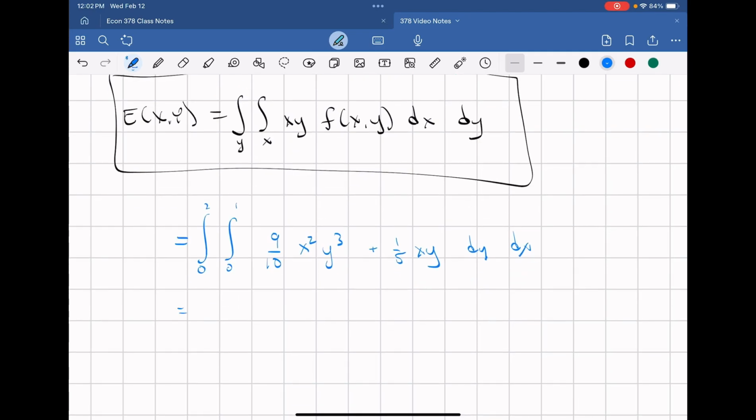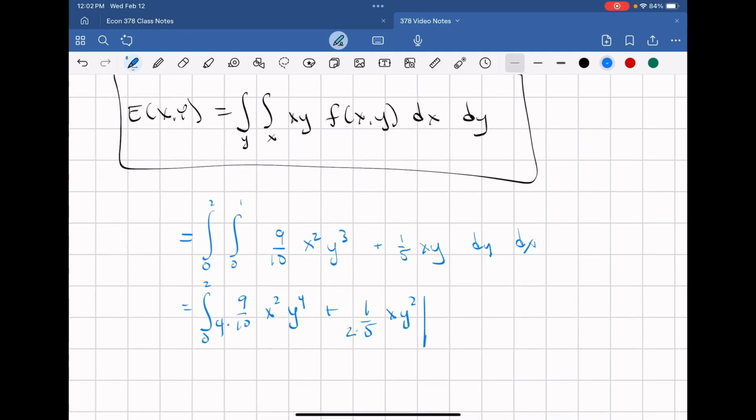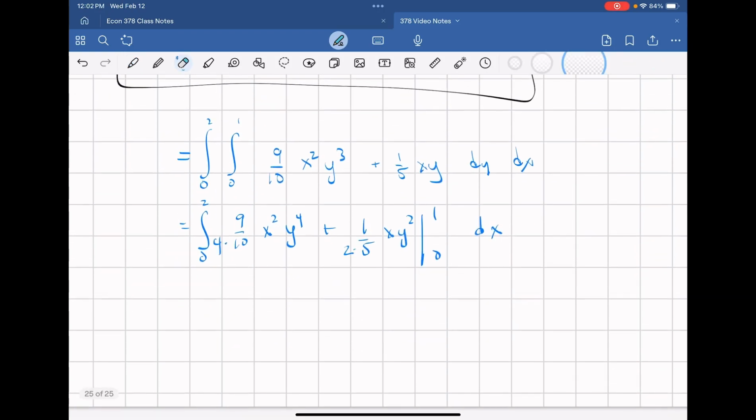Now it's a lot easier to take the integral. So I take the integral with respect to y first. So I'll get 9/10 x squared y to the fourth, bring the 4 out in front, plus 1/5 x y squared, bring the 2 out in front, evaluated from 1 to 0, and we still have our dx on the outside. So when we get that all said and done, we'll get the integral from 0 to 2 of 9 over 40 x squared plus x over 10 dx.